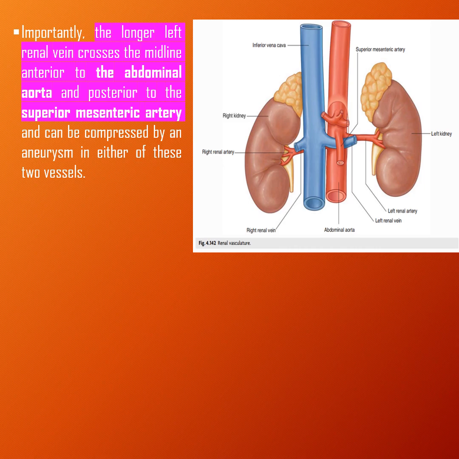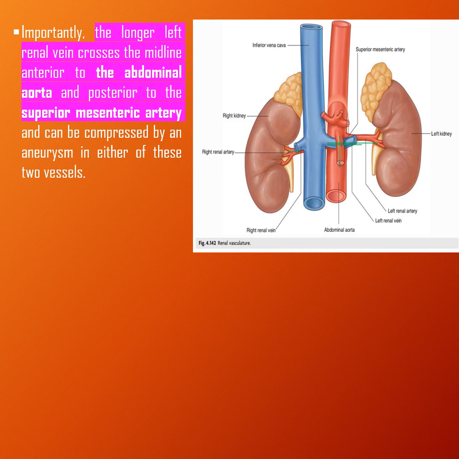As shown in this figure, the left renal vein is longer than the right renal vein, and it is anterior to the renal arteries, just because the vena cava is placed anterior to the aorta, and the left renal vein is posterior to the superior mesenteric artery.